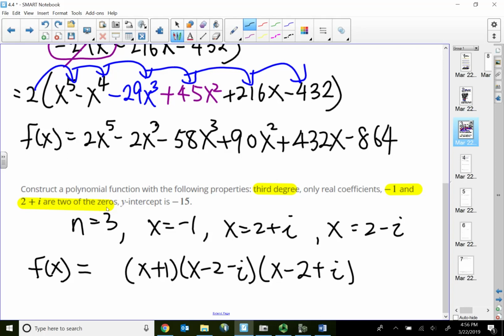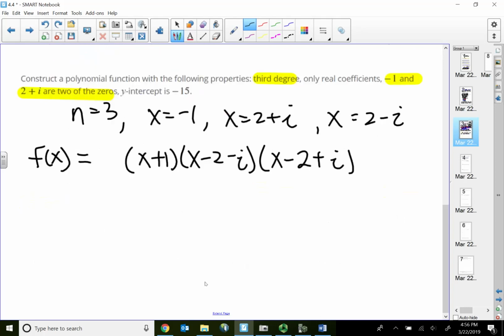All right, so the only thing I have to worry about at the end is my y-intercept is negative 15. So what I'm going to do is multiply this out first, see what my polynomial is, then I will incorporate my y-intercept. Because that means in my final answer, the last term has to be negative 15. So I'm going to do these two first because these two are very interesting.